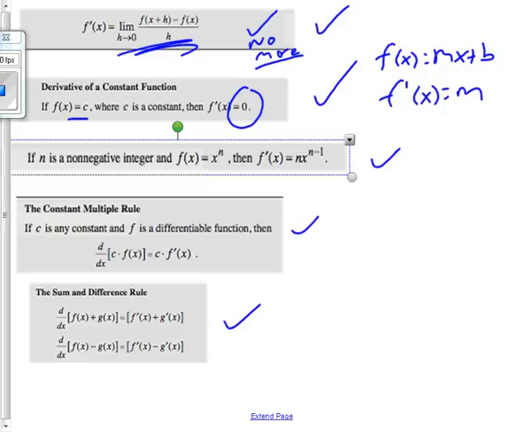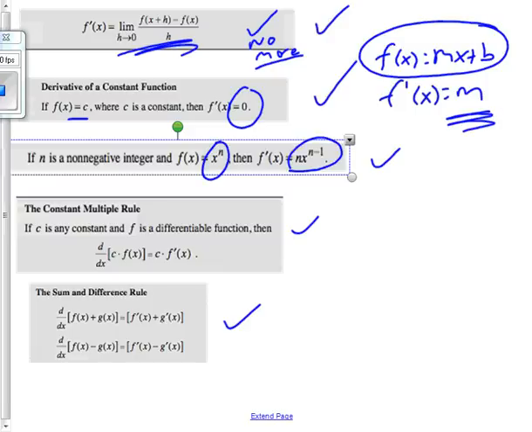If the function is a linear equation, the derivative is just the slope. If it's a power function, then we use this constant multiple rule. The constant goes in front, and then we just take a derivative of the function, and over addition and subtraction, differentiation can be distributed. Okay, that's it.